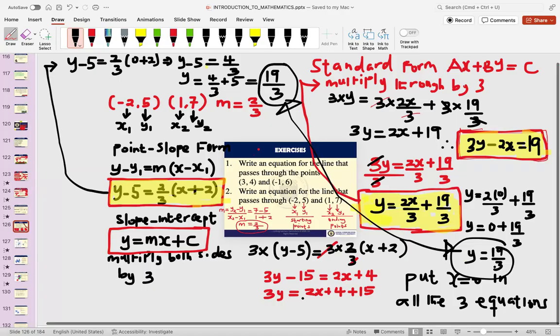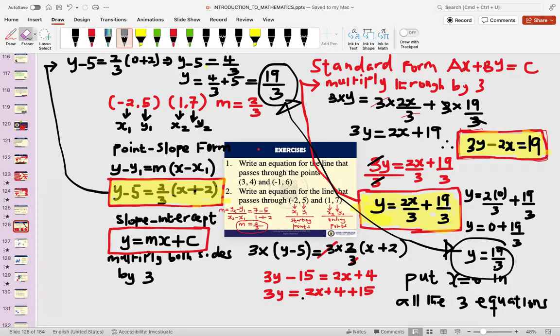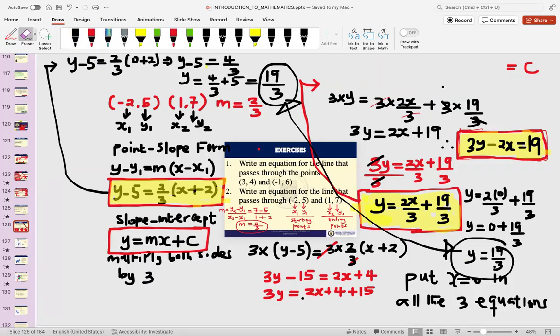Let's look at the last one, the standard form. 3y minus 2x equals 19. Let me create space here and then do it for you to see. That is the same thing. So 3y minus 2x is equal to 19.